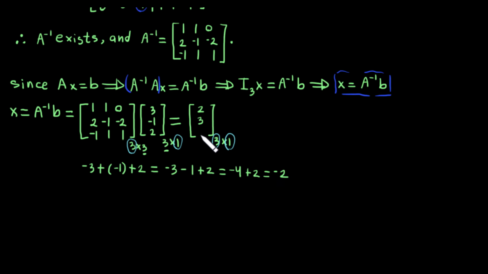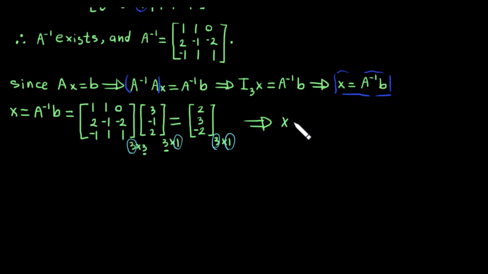So here I will write -2. So here our answer, x equal to this vector: 2, 3, -2.